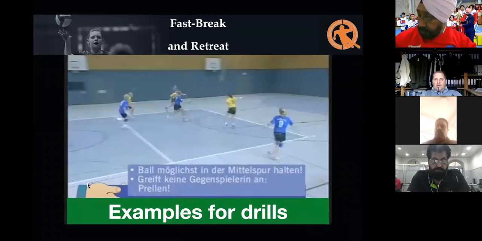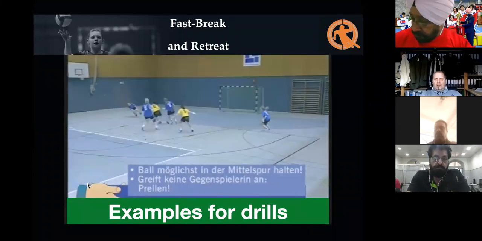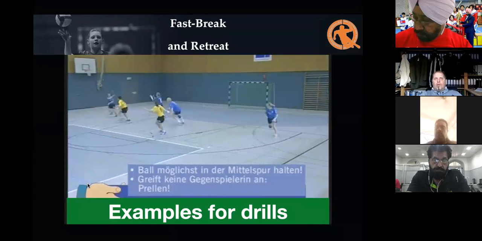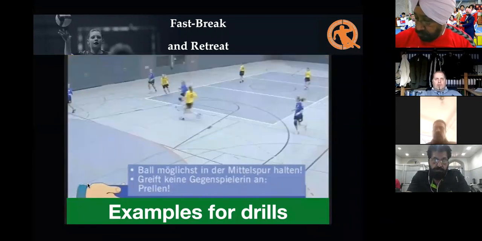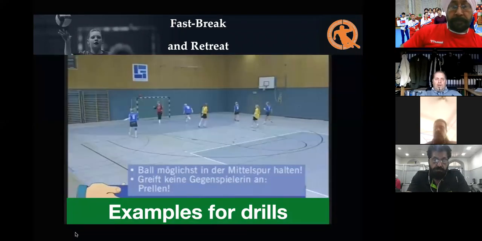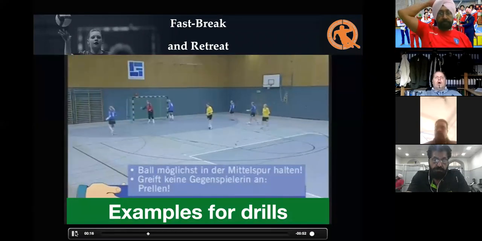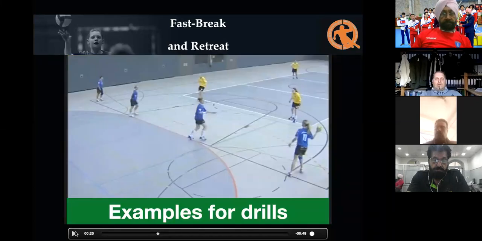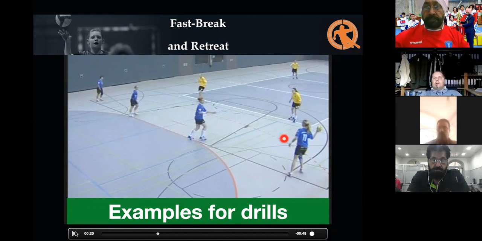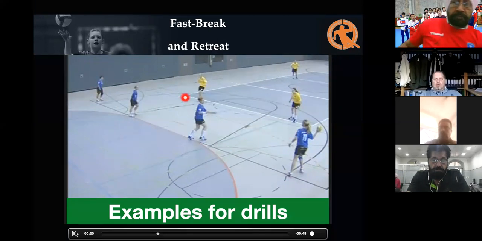So you see blue again in attack, and the defense has four players, but only two on one side of the center line. So the starting situation is one, two, three, four, and two defenders defend between the 6-meter line and the center line, which is here.